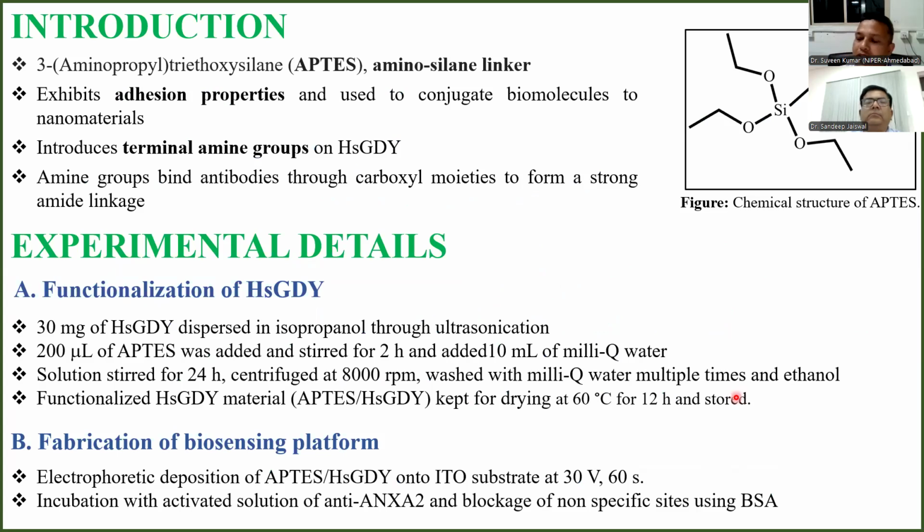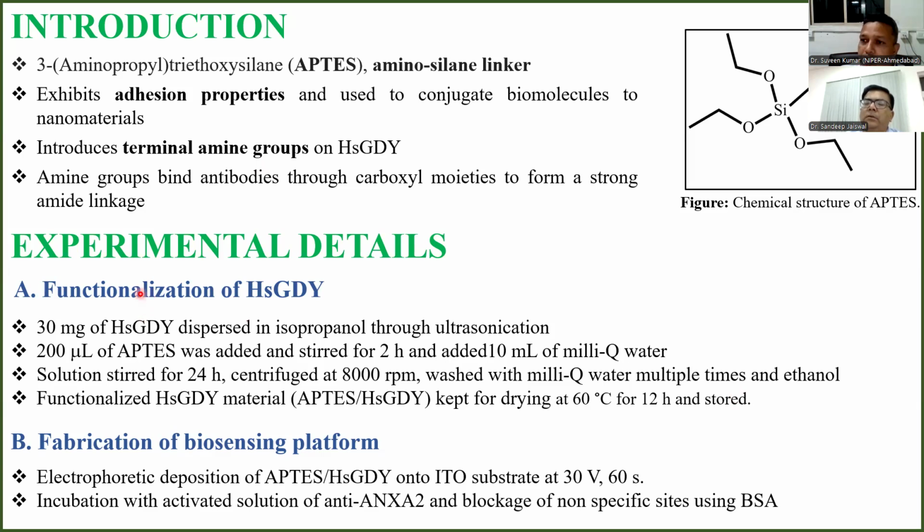As we know, this is a silane molecule and it is very adhesive in nature, due to which we can easily fabricate a self-assembled monolayer of 3-aminopropyl triethoxysilane on the nanomaterials. So we are using this specific silane molecule as a linker to develop covalent bonds between bioreceptor and nanomaterials.